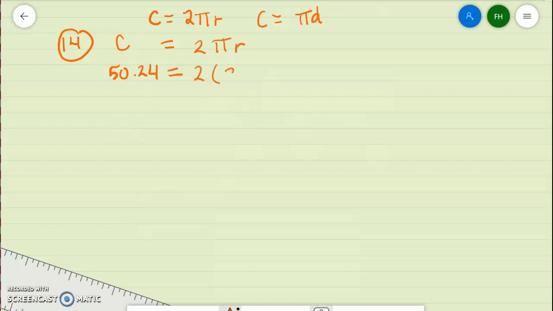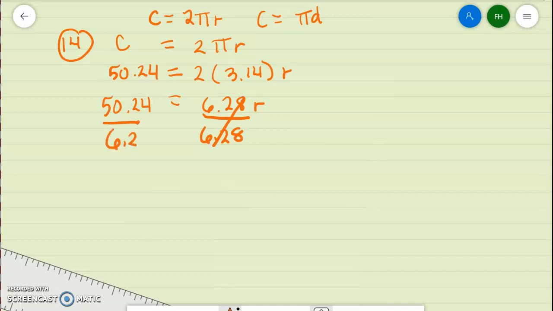So 2 times 3.14 times r. 2 times 3.14 is 6.28 times r. Divide by 6.28. R equals 8, and it was centimeters.